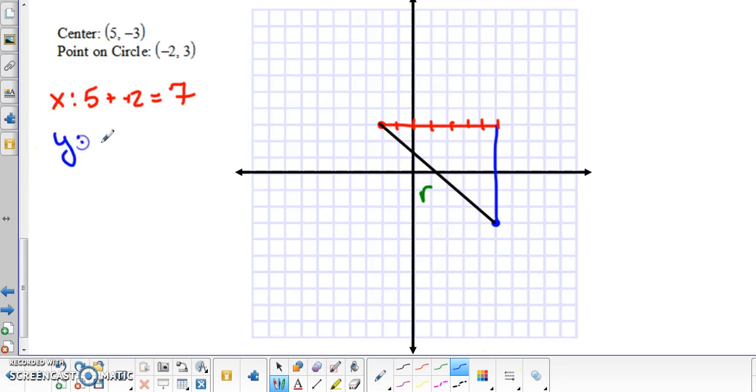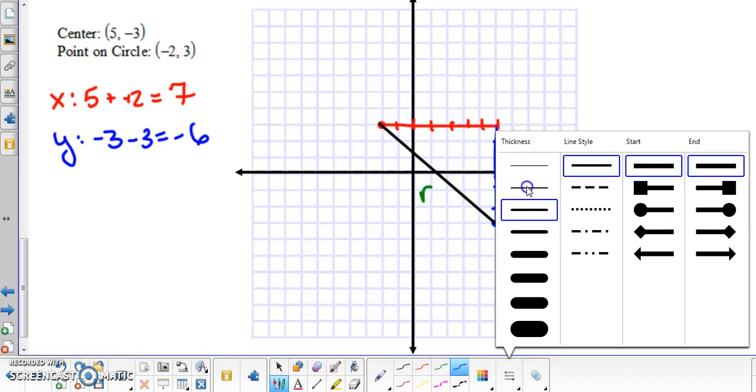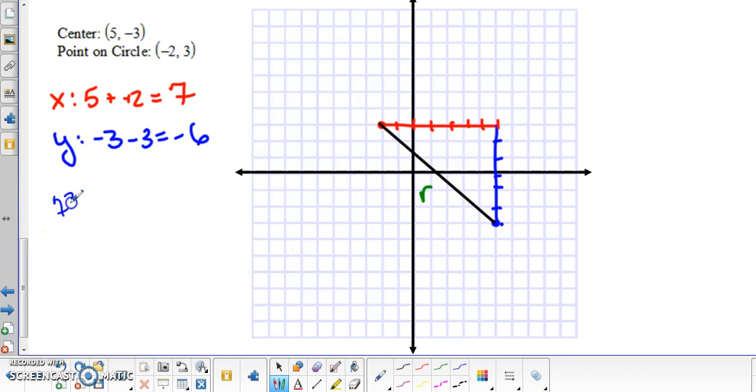My y, I'm going to take the y values and subtract them from each other. -3 minus 3, so that gets me -6. 1, 2, 3, 4, 5, 6. So now I'm going to put this into the Pythagorean theorem, where I've got 7 squared plus -6 squared equals r squared.